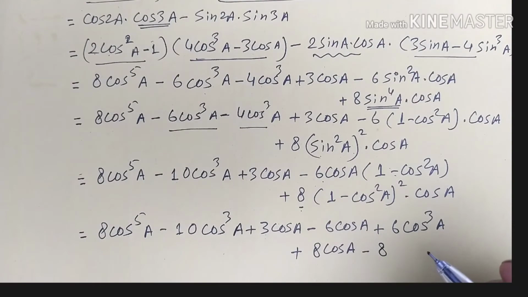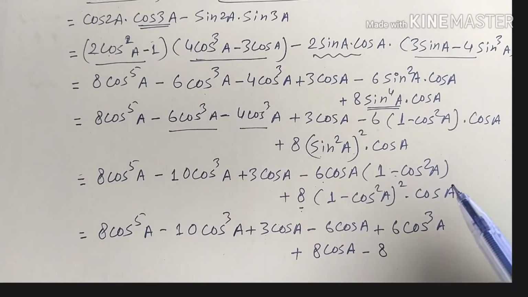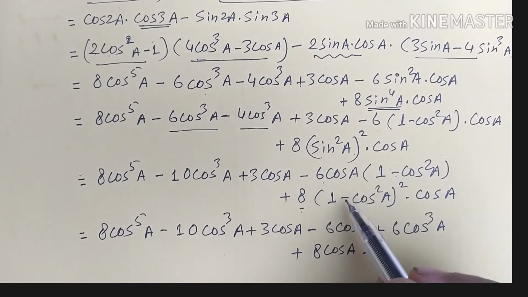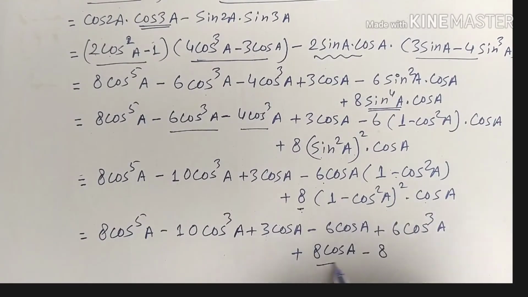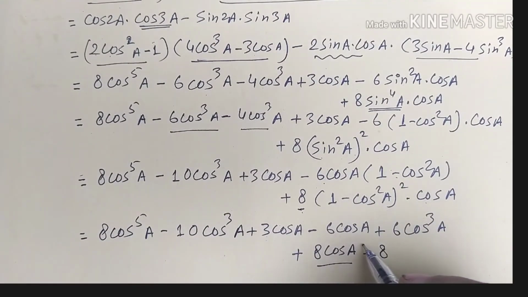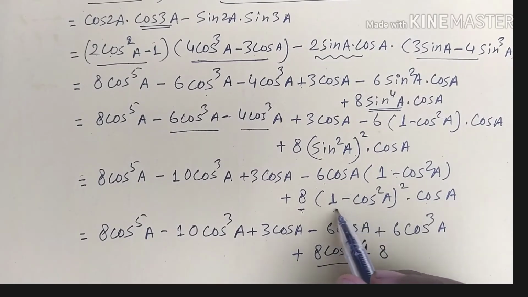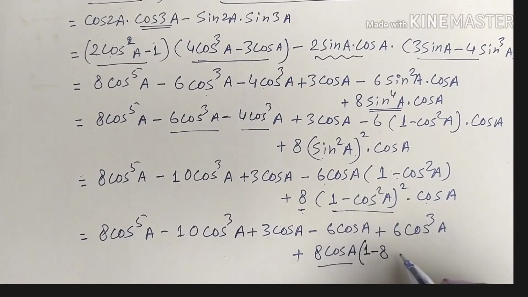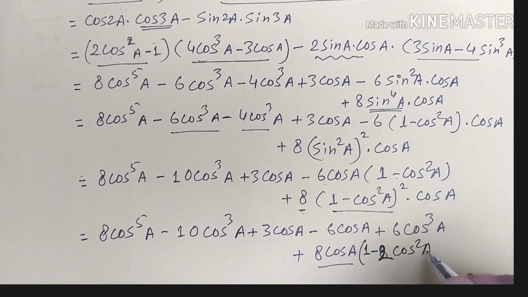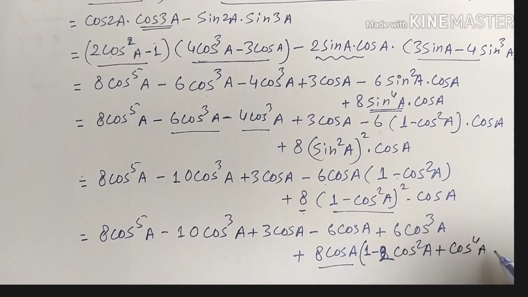Now you have to open the whole square. 1 minus cos square a whole square will be 1 minus 2 cos square a plus cos power 4a.